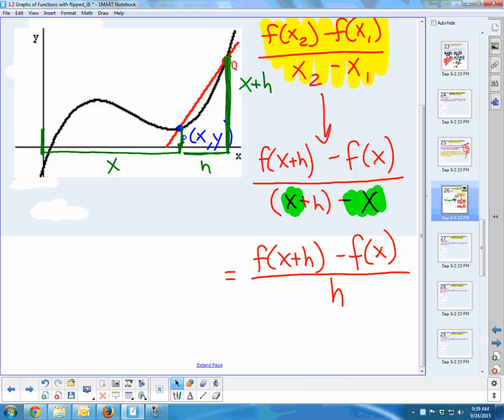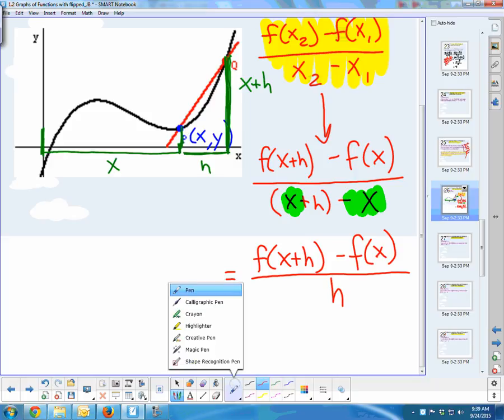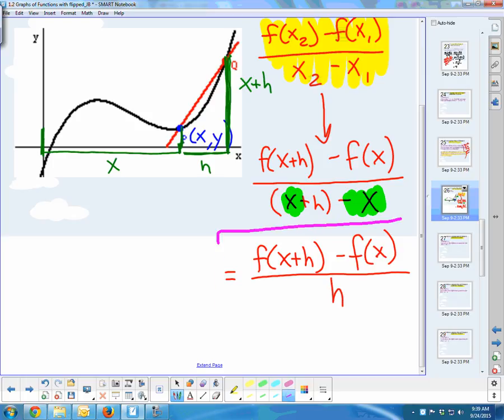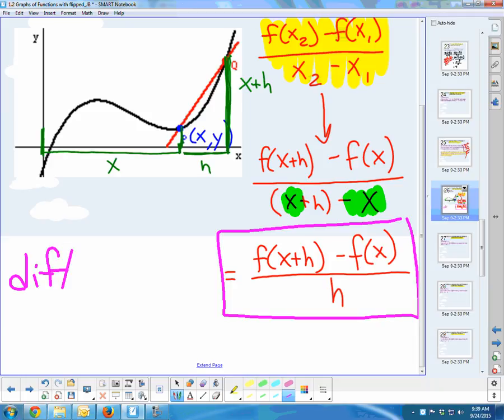So this is now what we call and refer to as the difference quotient. This formula right here is what is known as the difference quotient.